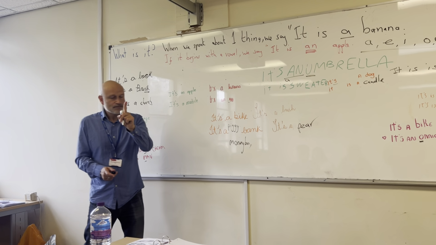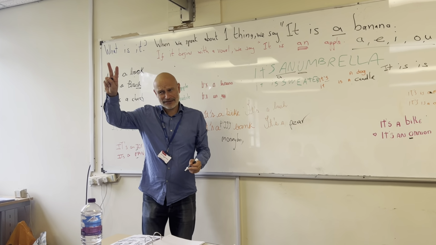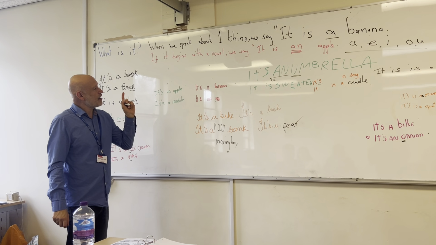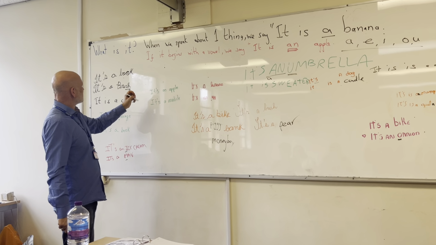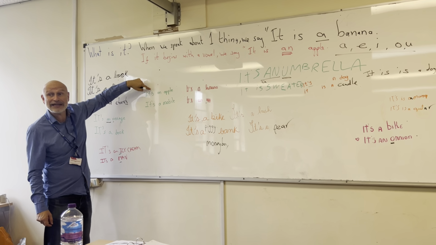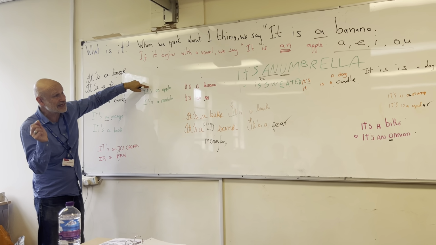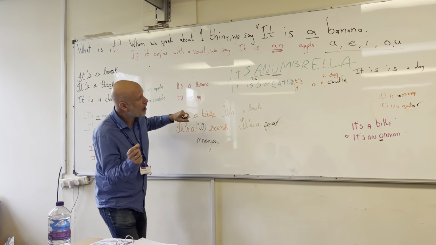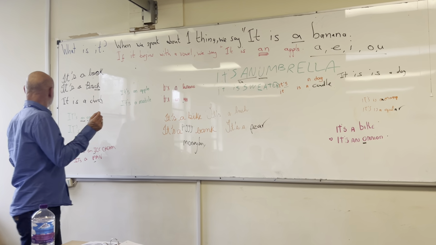One more thing, two more things. Remember, when you write it's, remember to always use this. This is really important. Don't miss it out. I don't think anyone missed it out.